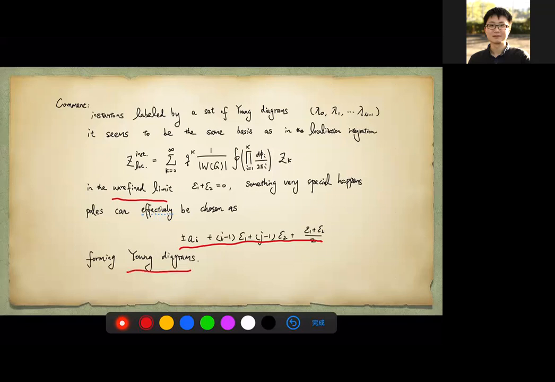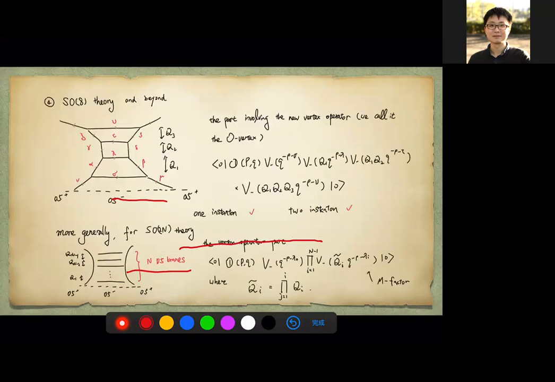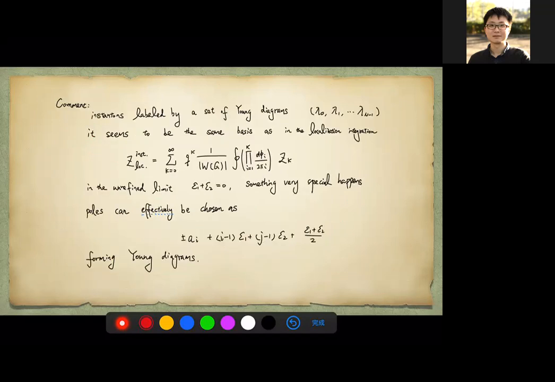At least in the calculation of one and two instantons, we see that each residue matched with the contribution from our topological vertex calculation. In general, we expect that the topological vertex formalism will give the closed form expression of each residue in this localization integral.